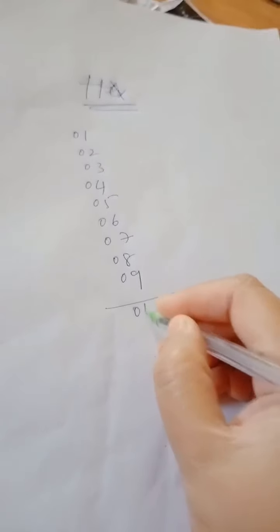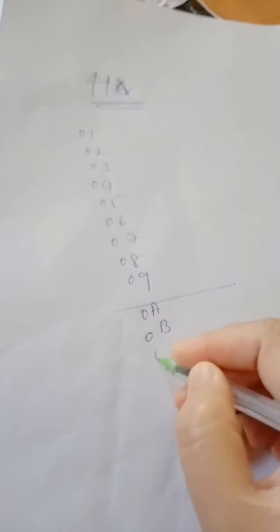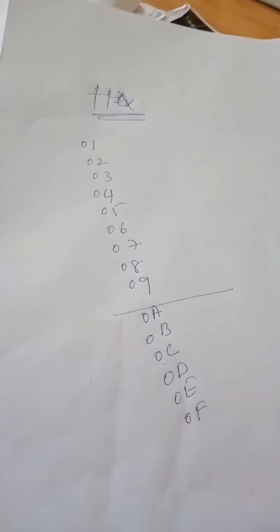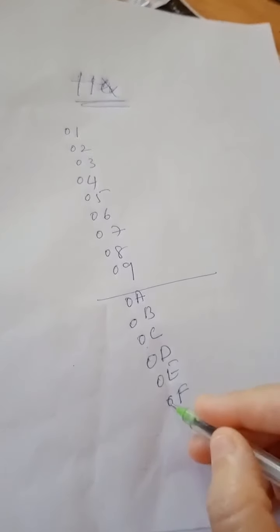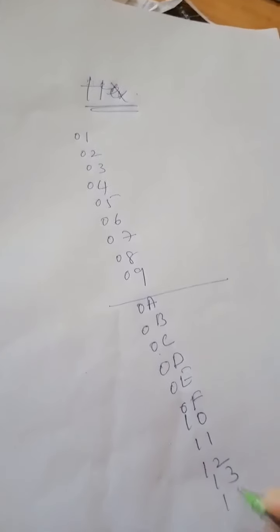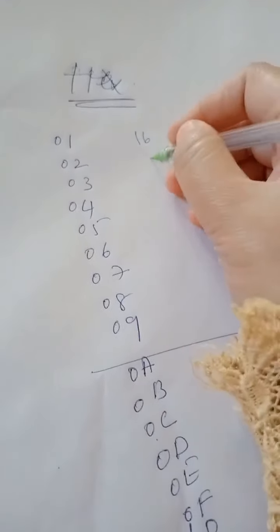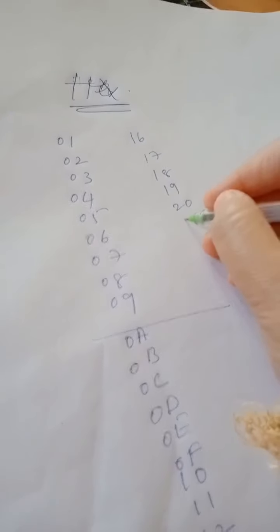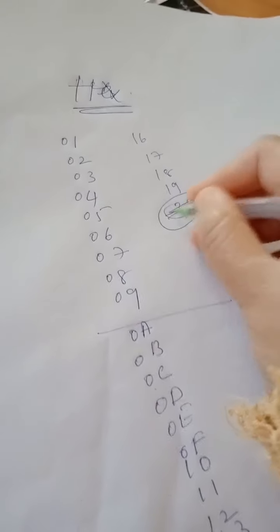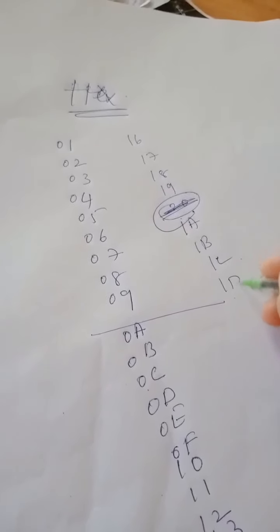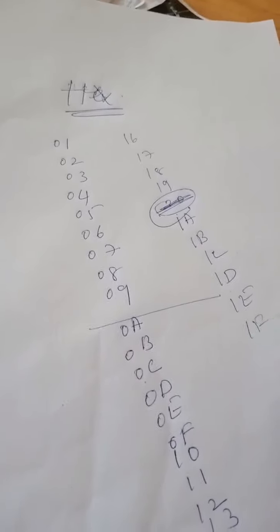Hexa numbers will be like A, B, C, D, E, F. Then it will start again from 10, 11, 12, 13, 14, 15, then 16, 17, 18, 19. Then instead of 20 you should write 1A, 1B, 1C, 1D, 1E, 1F.